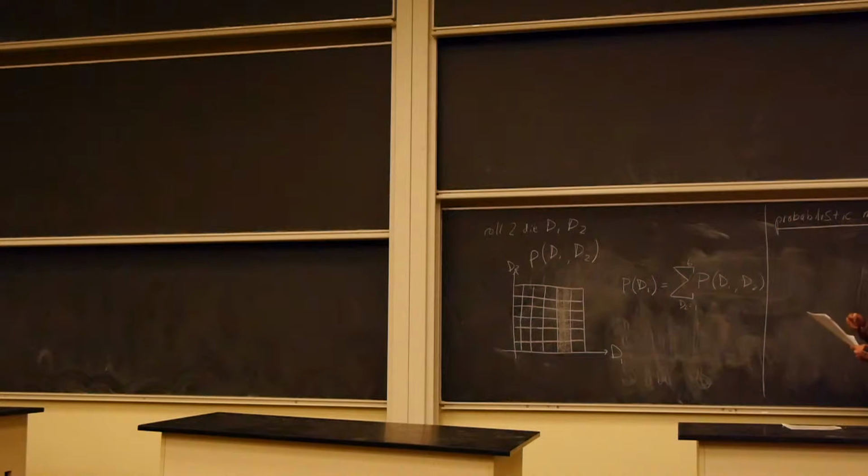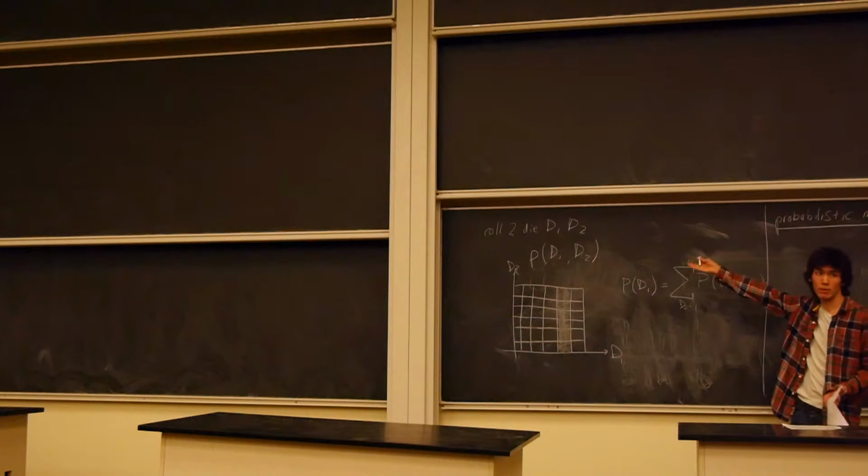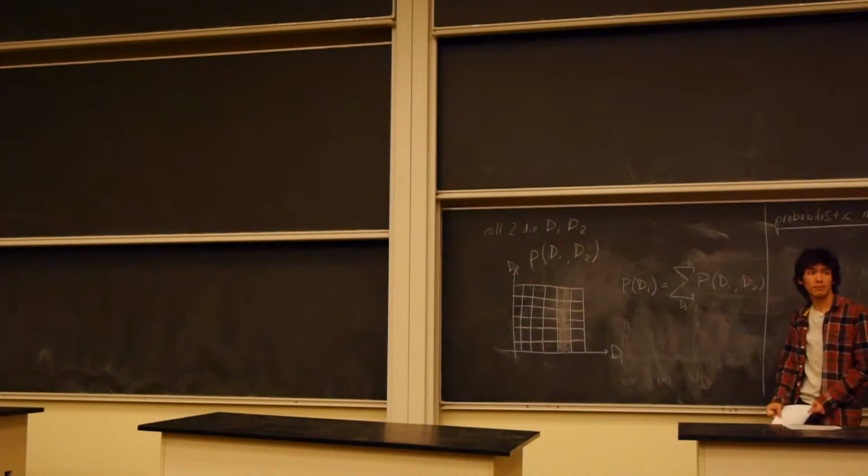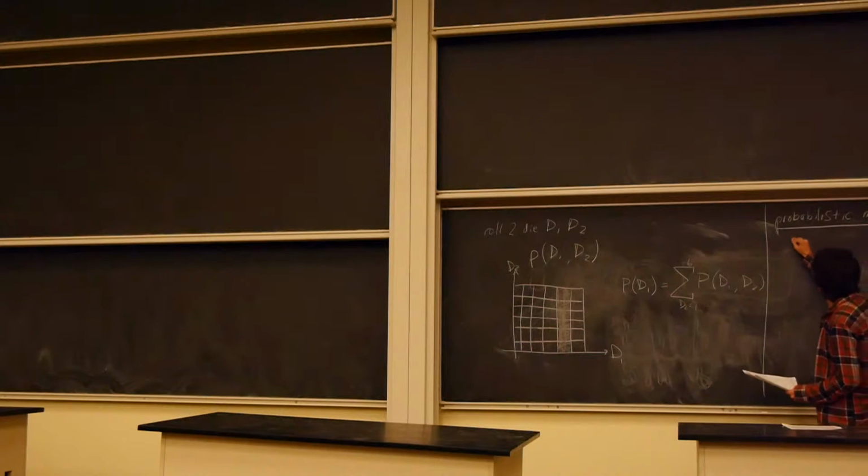A probabilistic model is just a collection of random variables that are somehow related to each other, and you typically describe how any one random variable is related to the other random variables. For example, this is a probabilistic model. I have two random variables, the first die and the second die.